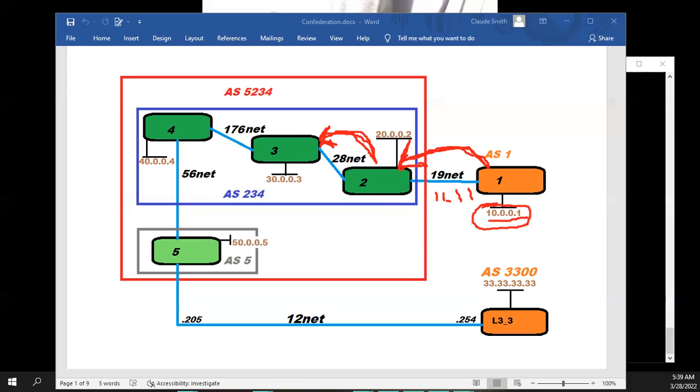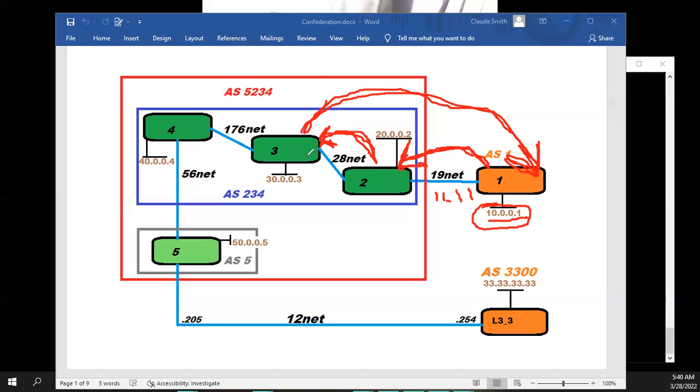Okay, so one of the first things that we realize we are broke on is that router number 3 now thinks that the next hop is straight over here to router number 1. So the next hop stays the same. But that can create a problem for us, because router number 3 is basically being told to get out to this 10.0.0.1 network, just go straight to router number 1.